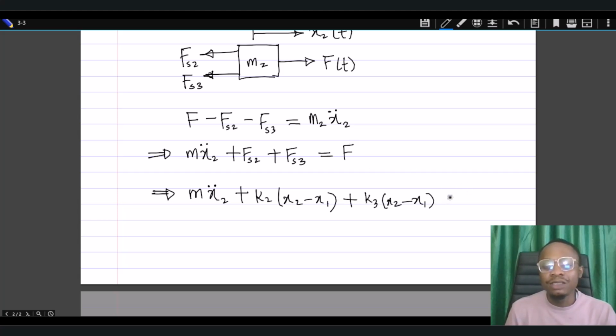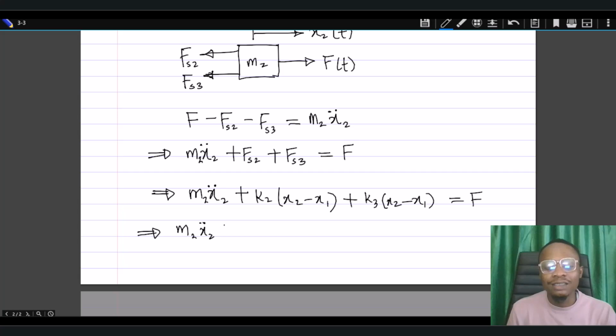Then we have this equal to f because the force f is applied on it. And then can we tidy this up even further, make it a little bit more presentable? We say this is m2, please, m2. Okay, to differentiate it from m1, it's essential to put that subscript. So this is m2 x2 double dot. Then we can see plus k2x2 plus k3x2.